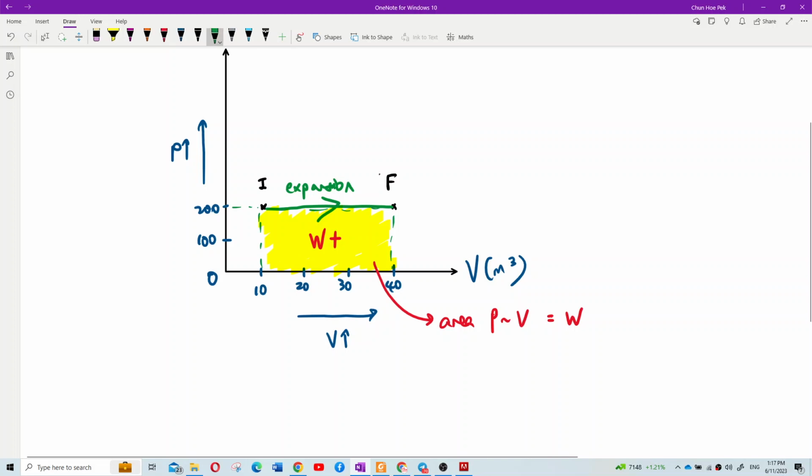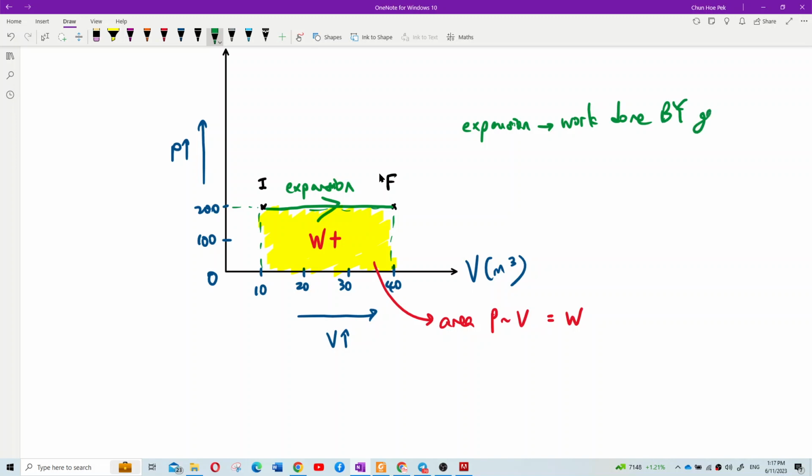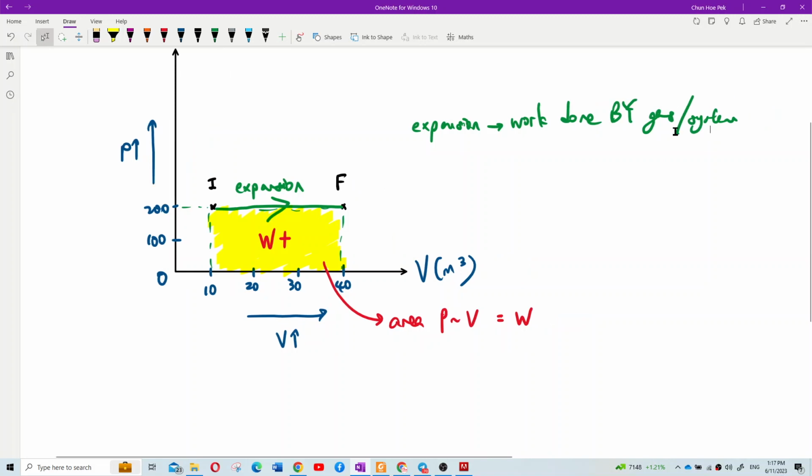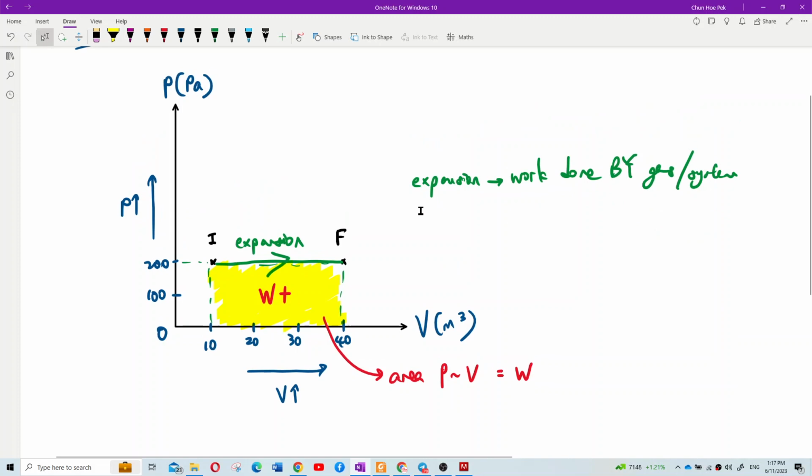Because for expansion, it is work done by the gas, or the system. That means the gas does work. So it's a positive work done. That's how I remember. Very easy, right?